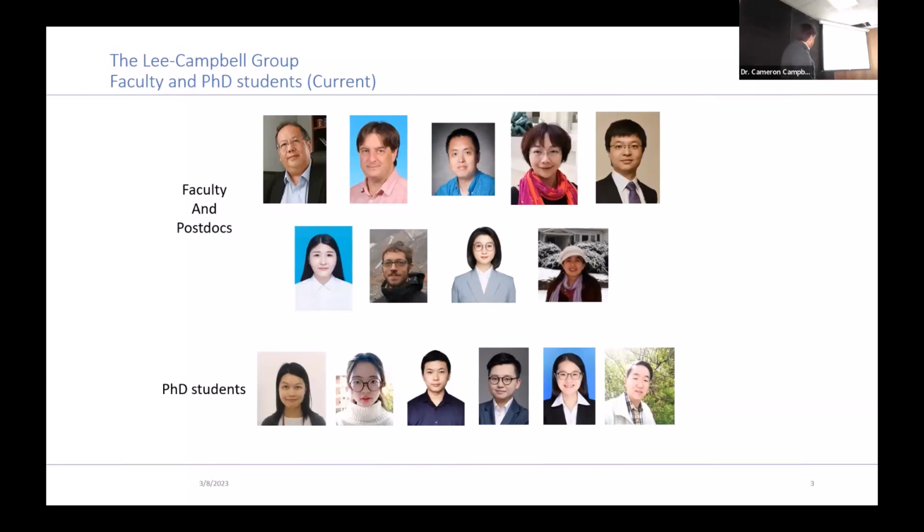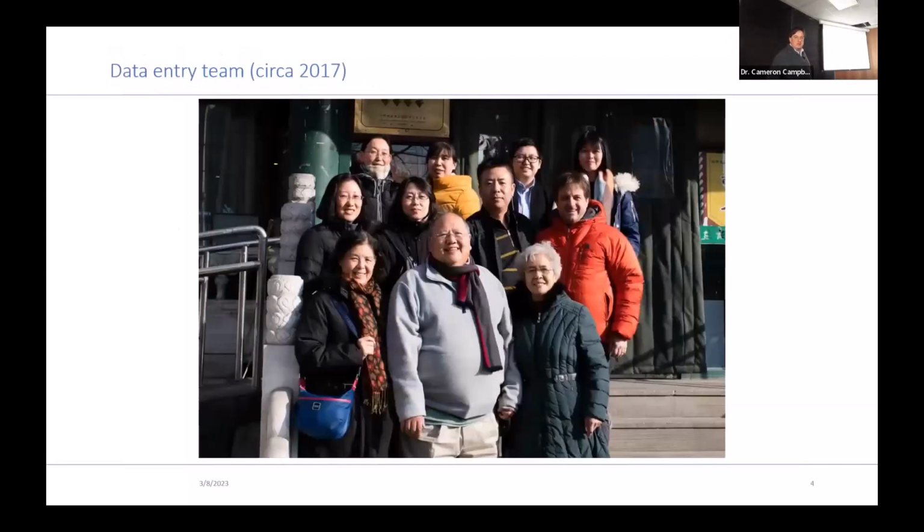And then we also have right now 6 current PhD students. If I keep introducing people, I'll run out of time. But anyway, everyone has played key roles in the accumulation of these different data sets.